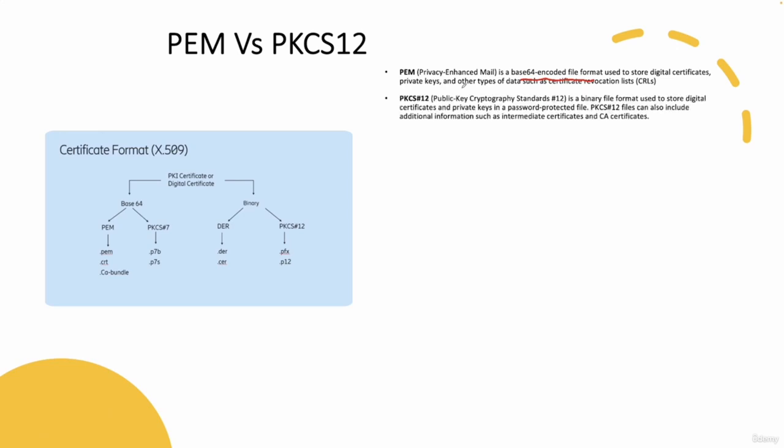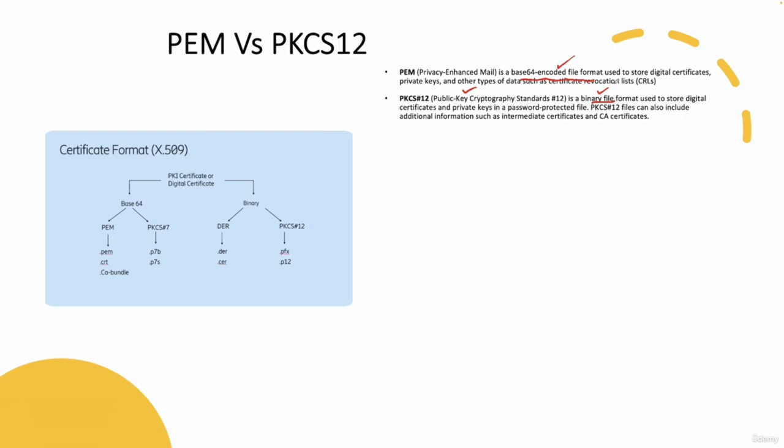Okay, now very important, another format is PKCS12. A lot of people don't even know the full form of PKCS and what it is. PKCS stands for Public Key Cryptography Standards. And it is a binary file format. So very important, PEM was a base 64 encoded file format, and this is a binary file format.